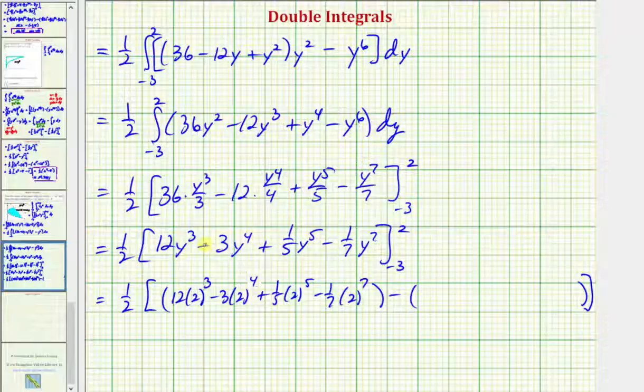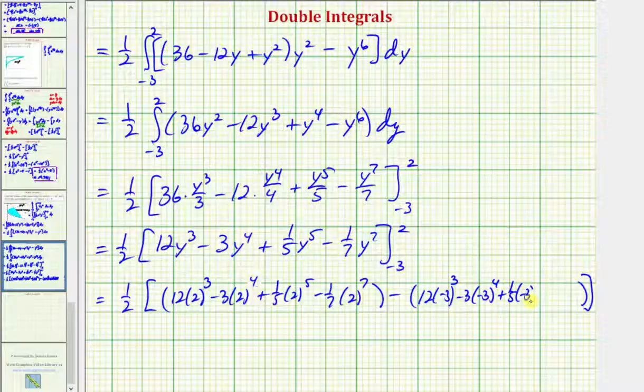And when y is equal to negative 3, we have 12 times negative 3 to the third minus 3 times negative 3 to the fourth plus 1/5 times negative 3 to the fifth minus 1/7 times negative 3 to the seventh. And to save some time, I've already determined these values.